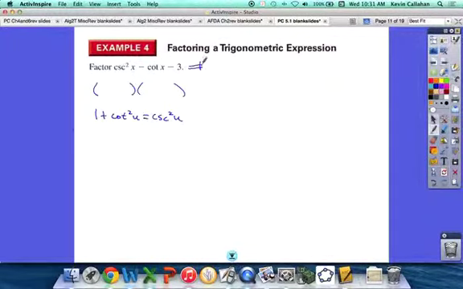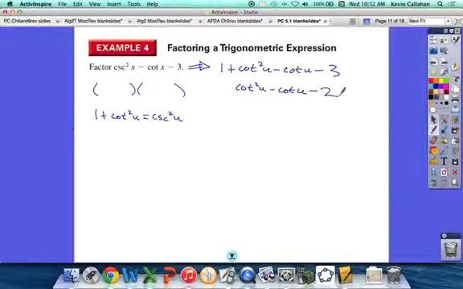So that'll look like this. 1 plus cotangent squared u minus cotangent of u minus 3. I just replaced the cosecant squared with 1 plus cotangent squared. Okay, now let's simplify. Cotangent squared u minus cotangent u minus 2. Okay, now we can factor it.